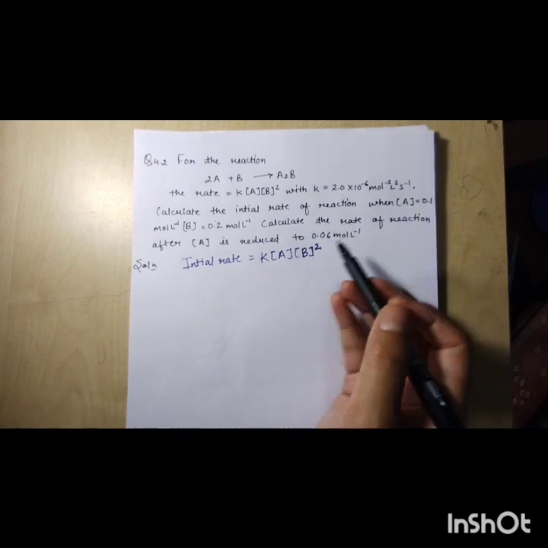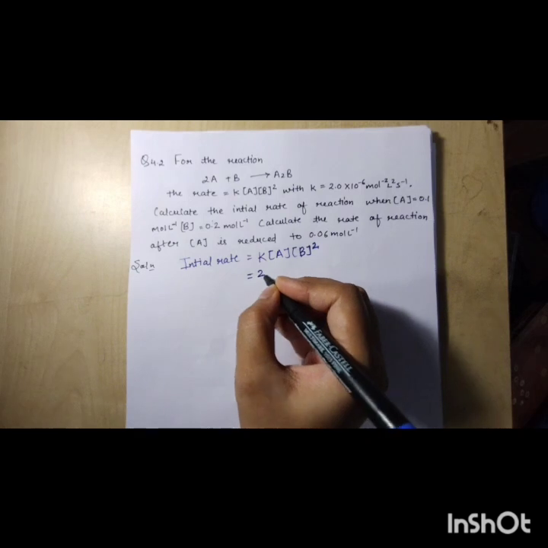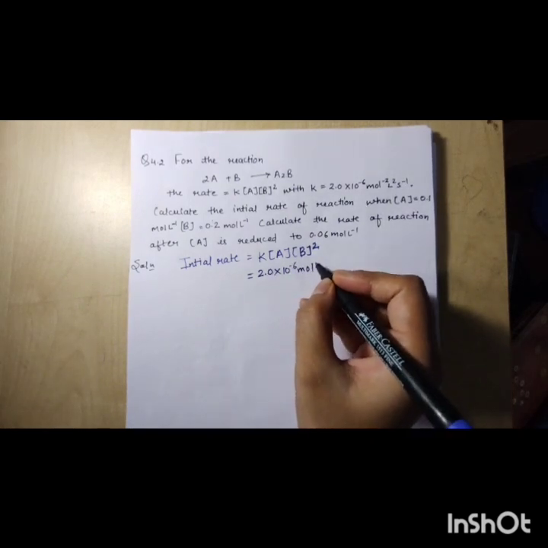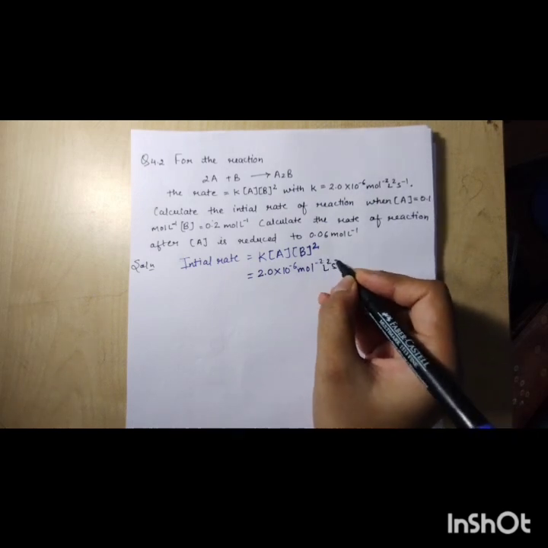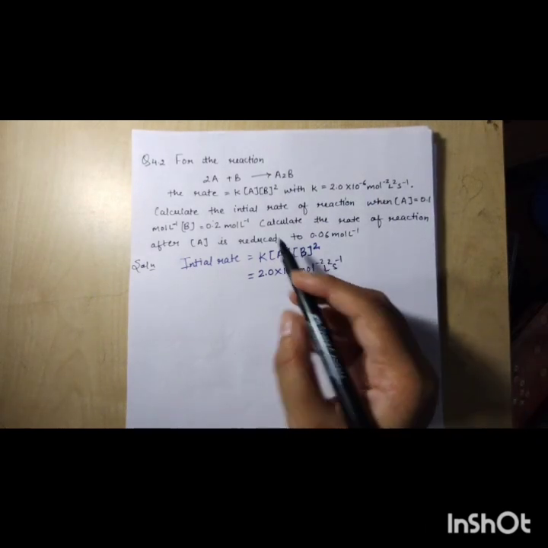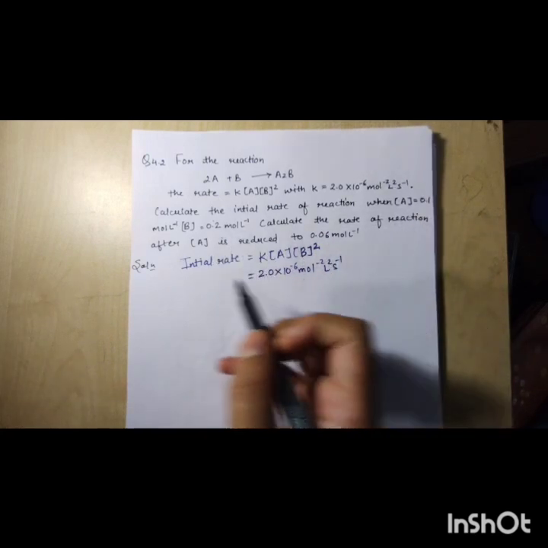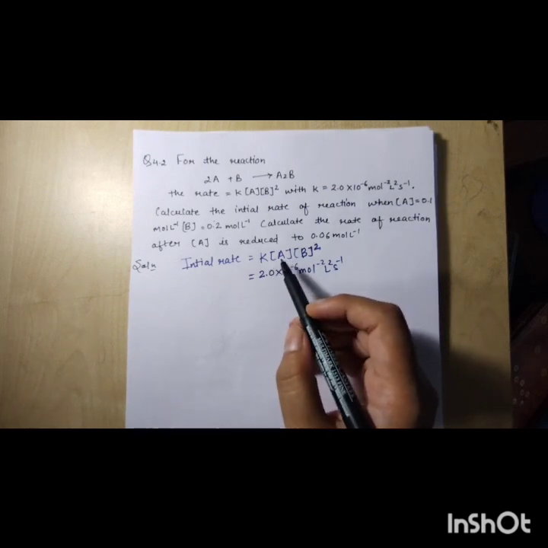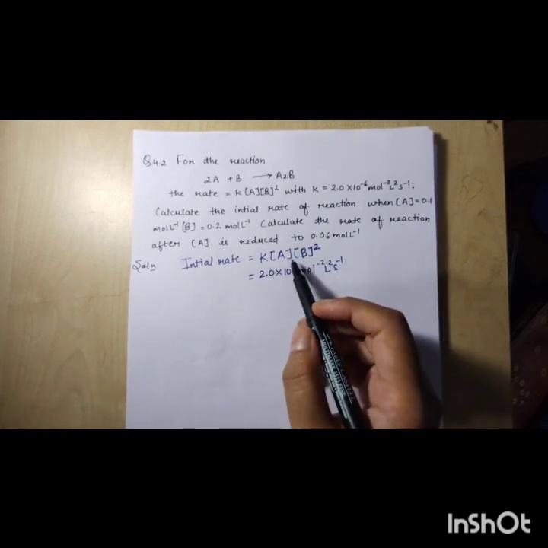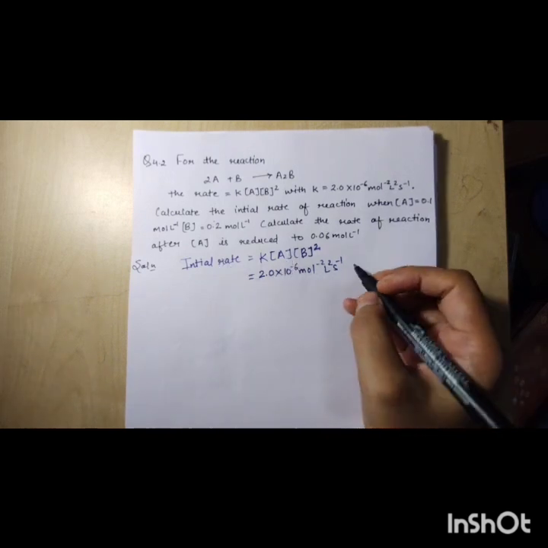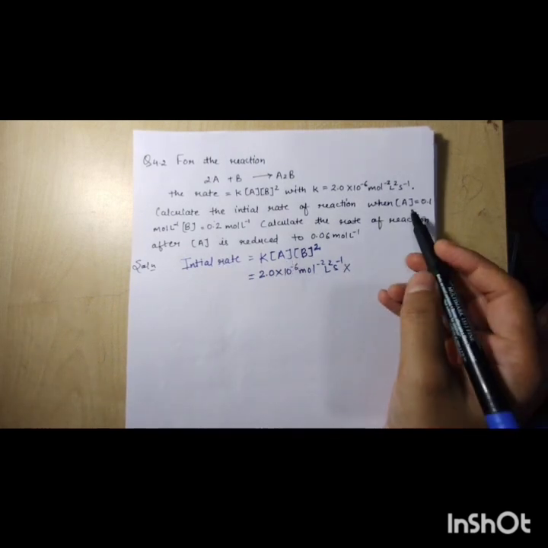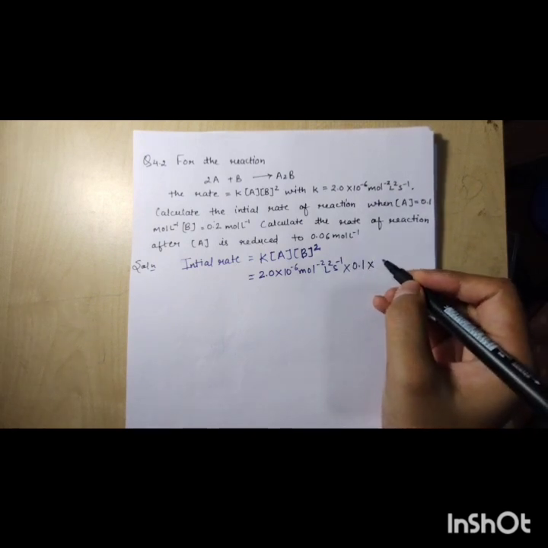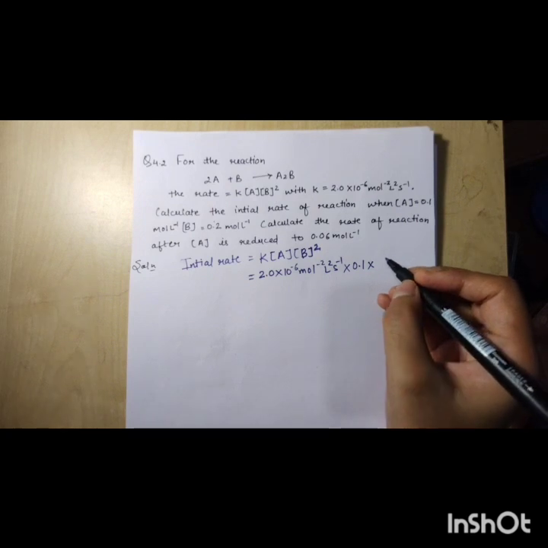Now the rate constant is given, that is 2 into 10 to the power minus 6 mole per liter per second, and the initial concentrations are also given, that is 0.1 and 0.2. So rate is expressed in terms of concentration and rate constant, so we will multiply by the concentrations of A and B. A concentration is 0.1 and B concentration is 0.2.